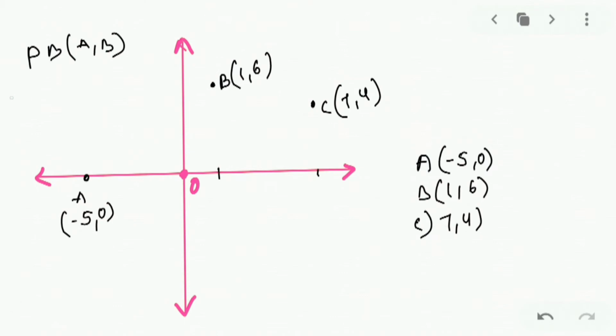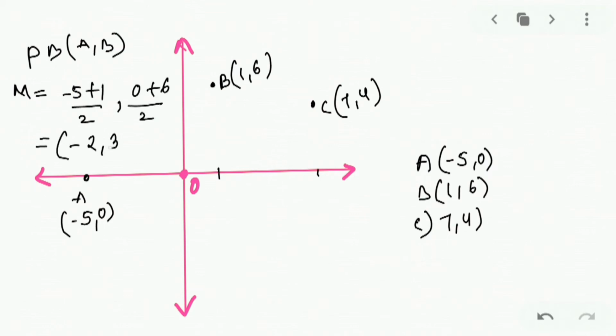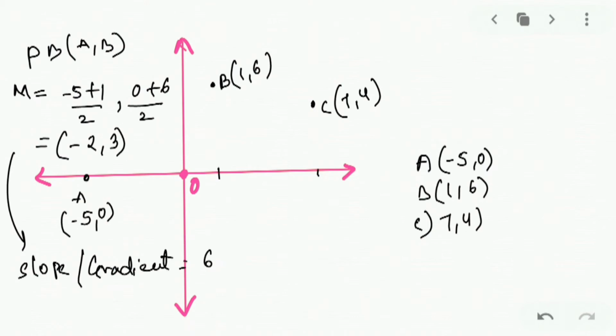For that, let's go for the midpoint of AB. That will be (-5 plus 1) upon 2, (0 plus 6) upon 2. That will be (-2, 3). And let's also find the slope, or you can say the gradient, of AB. That will be (6 minus 0) upon (1 minus (-5)). That will be 6 upon 6, that is 1.